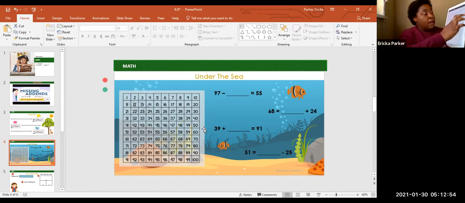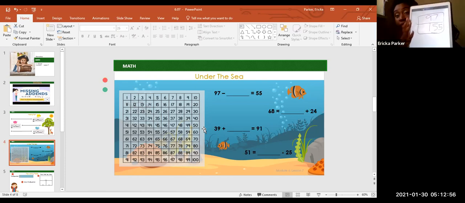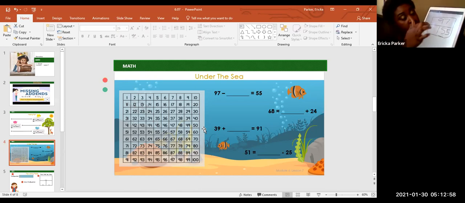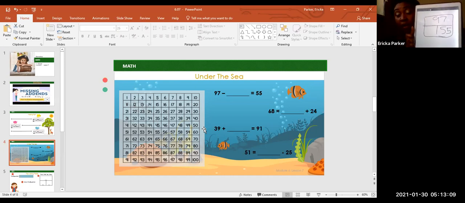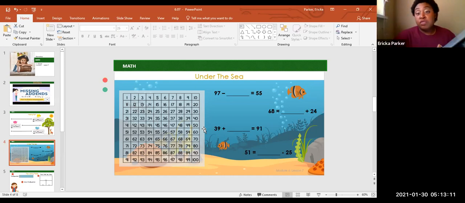They gave us 55. So we know it's going to look like this. There's going to be a blank there because those two parts equal that 97. So 97 minus 55 equals what? Okay. So I want you to pause this video and work the problem out.